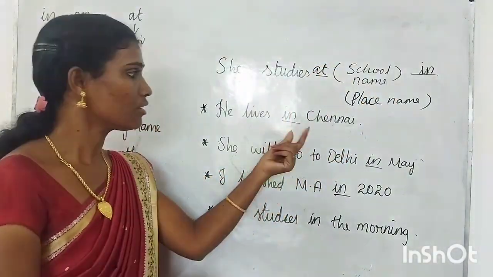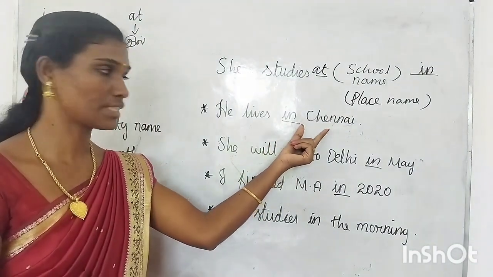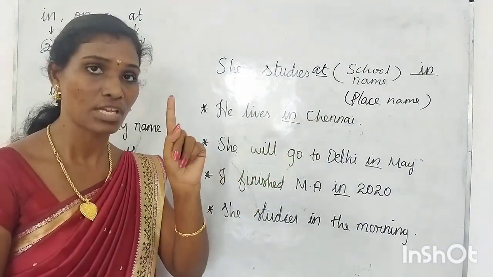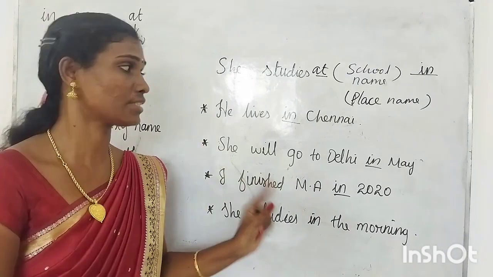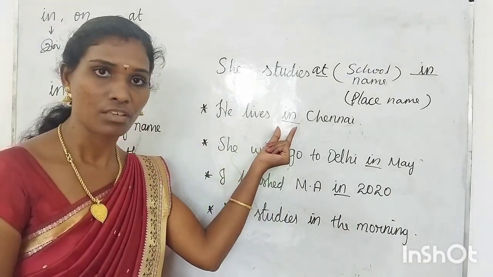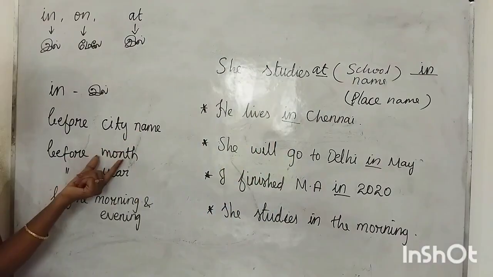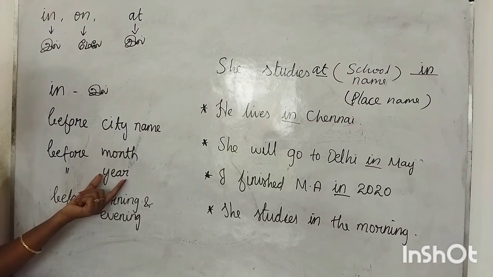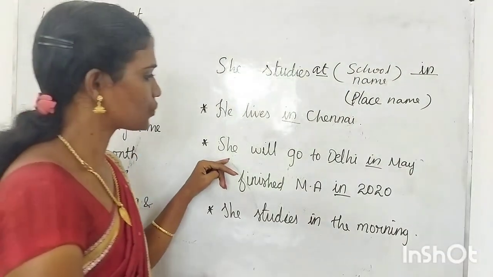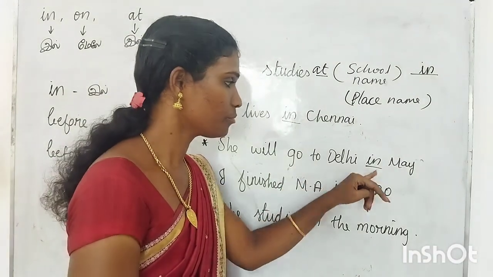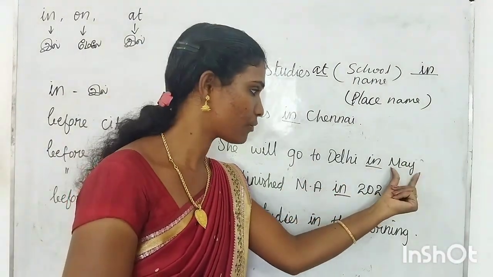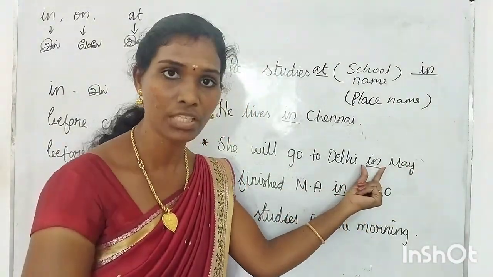Commonly, we can use the preposition in before a month name or before a year. Example: she will go to Delhi in May. Before a month we use the preposition in.